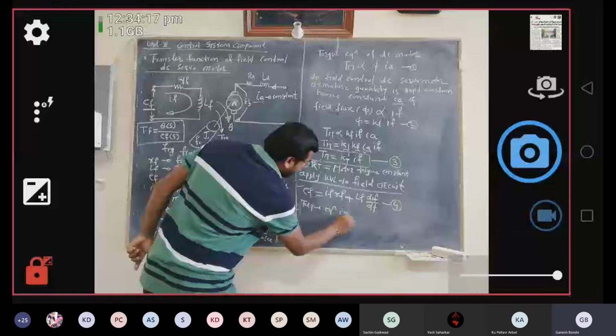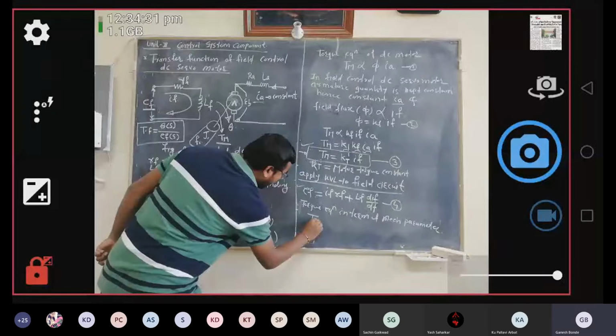Okay, so mechanical torque Tm is equivalent to what? The driving torque required to drive the inertia as well as the friction. Okay, so therefore only two terms are there. Okay, so therefore what is the expression for torque Tm in terms of mechanical parameter?